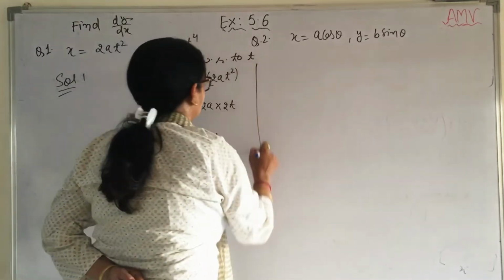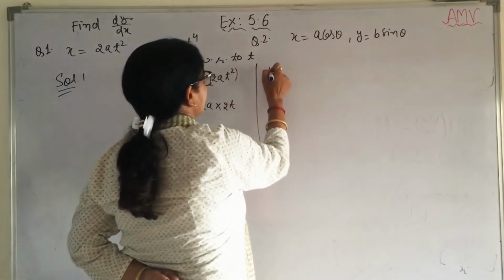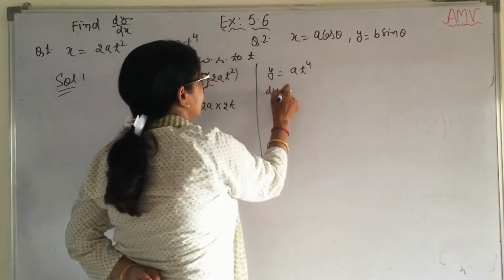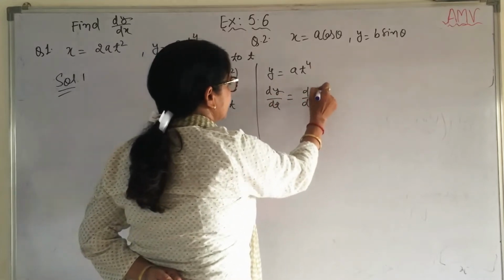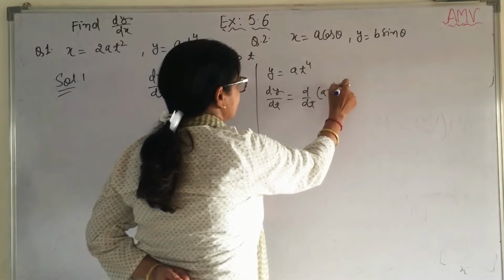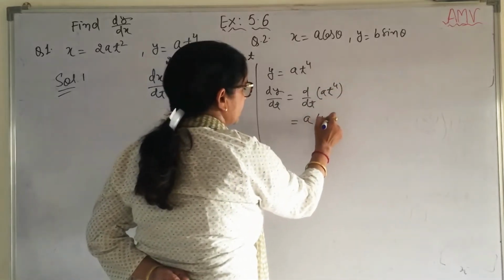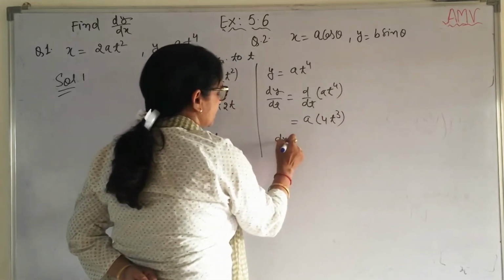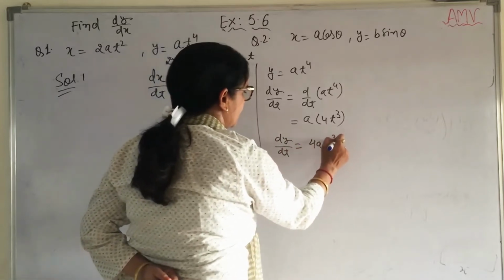Now same, derivative with respect to t. y is equal to a t raised 4, dy by dt. It is d by dt of a t raised 4. a write as it is, derivative of t 4, it is 4t cube. Okay. So dy by dt is equal to 4at cube.